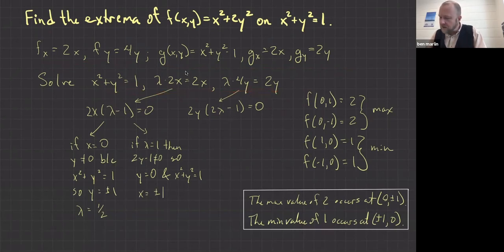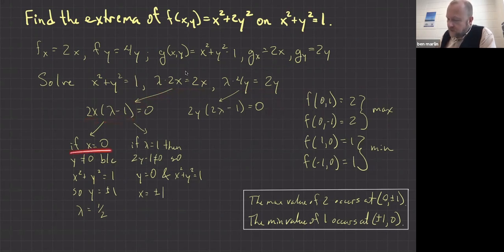So if you've got lambda times 2x equals 2x, your immediate instinct is to say, aha, cross out the 2x's. I'm going to get lambda equals 1. But x could also be equal to 0. So this bit here is just pointing that out, that if we move stuff to the other side and factor 2x, then you're going to get either this is 0 or that's 0, one or the other.